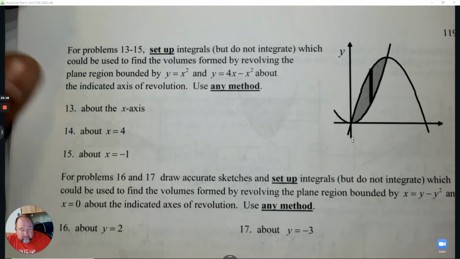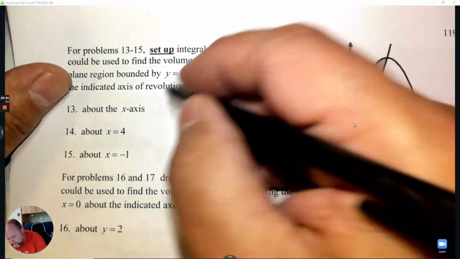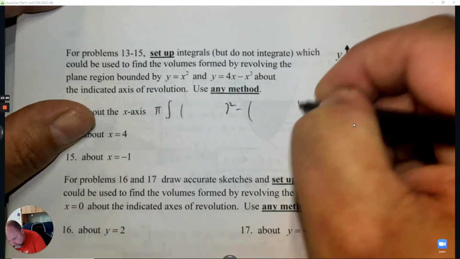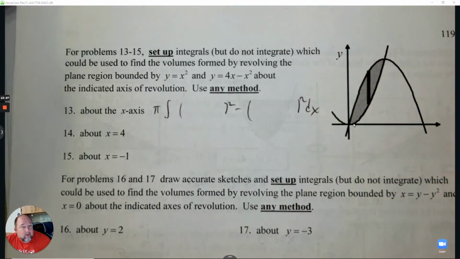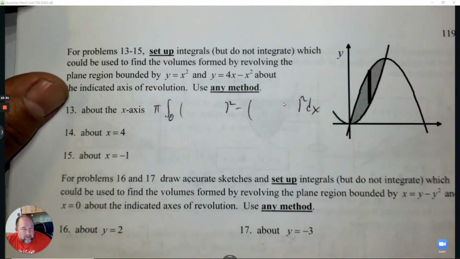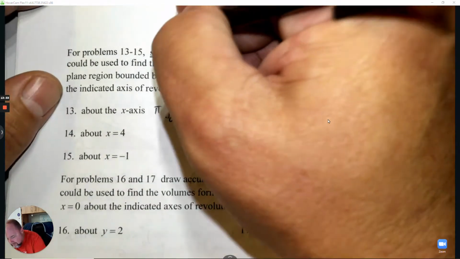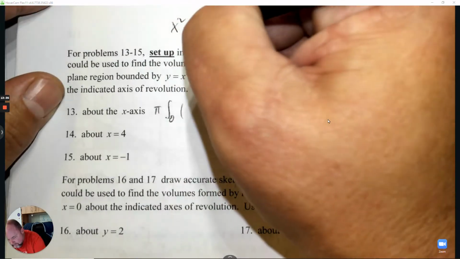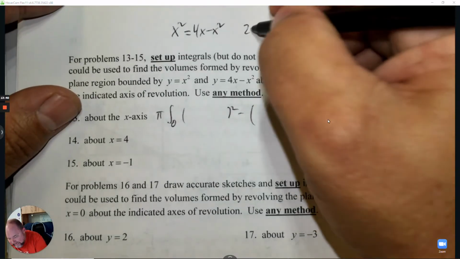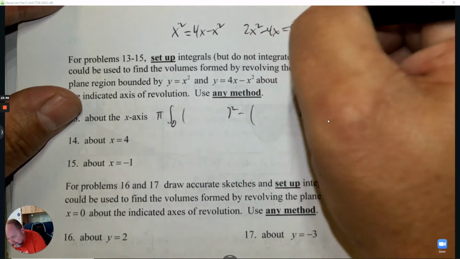Now we have to find the bounds. And so this bound down here is 0. The other bound we'd have to make equal to each other. And then solve it. So I'm going to add x squared and subtract 4x. I'm going to factor out.